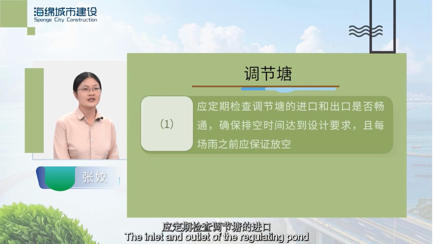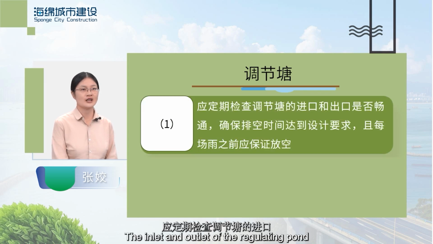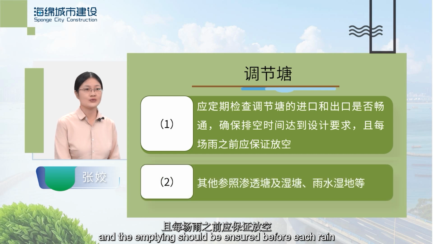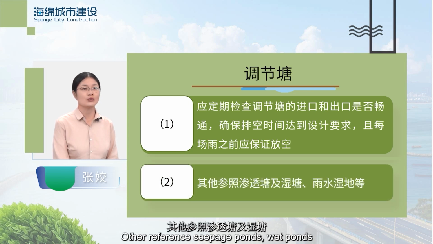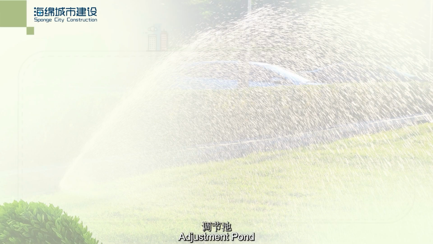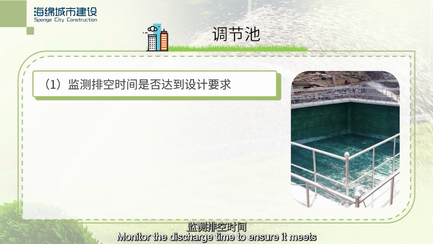Regulating pond. The inlet and outlet of the regulating pond should be checked regularly to ensure that the emptying time meets the design requirements, and the emptying should be ensured before each rain. Other reference: seepage ponds, wet ponds, rainwater wetlands, etc. Monitor the discharge time to ensure it meets the design requirements.